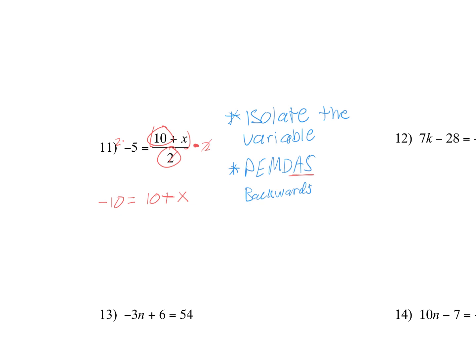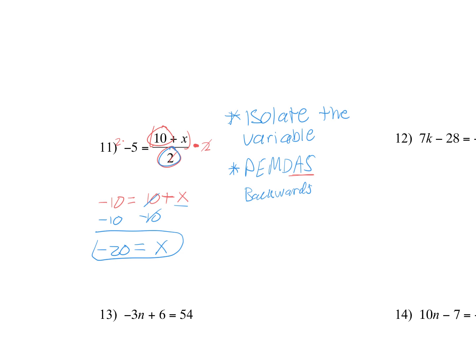We kind of freed it from this 2 on the bottom by multiplying by that 2. So now we can isolate the variable further and subtract 10 on both sides. Then 10 minus 10 goes away, and we get negative 10 minus 10. They're the same sign, so we want to add them and keep the sign. So negative 20 is our answer here.